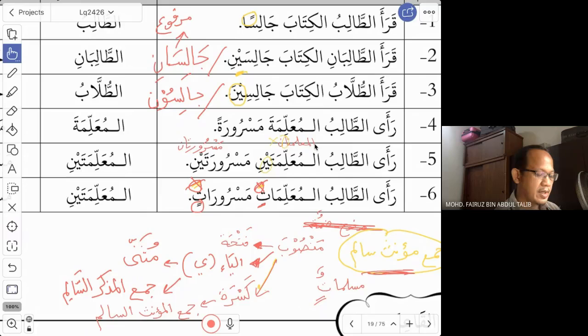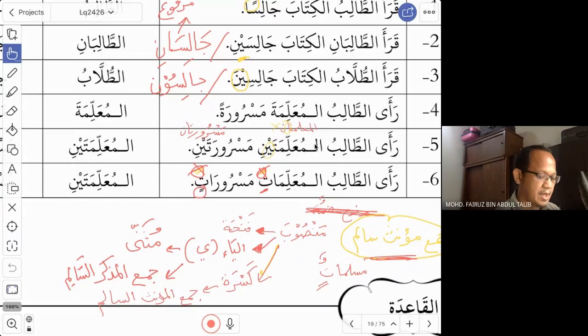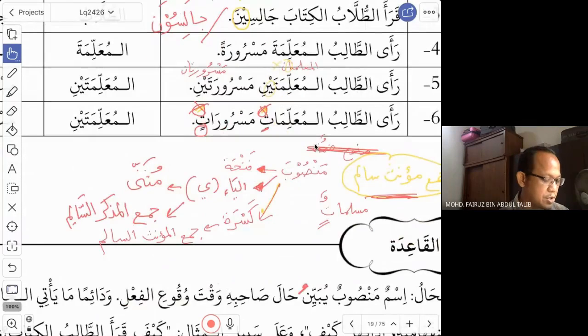And there is another word that you cannot use fathah with. That is the jama' mu'annas salim. If you look at number 6, ra'at talibul mu'allimat. So the student saw the teachers. Masrurat. How were the teachers when the students saw them?